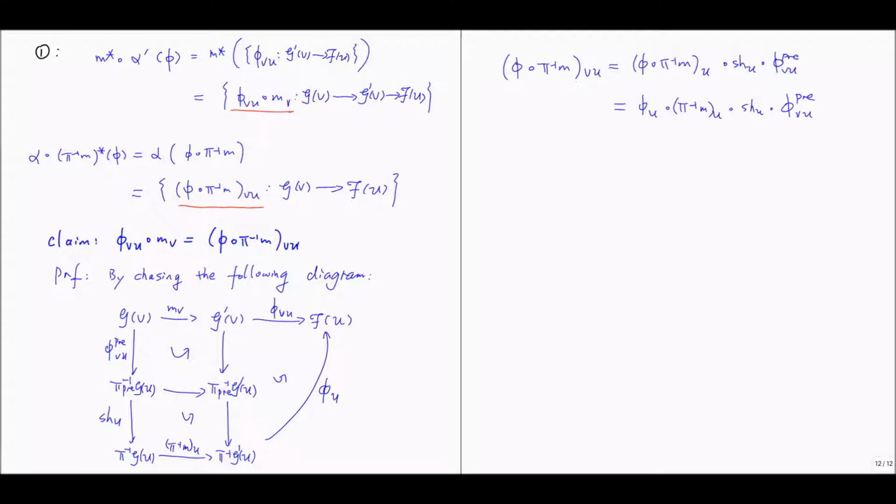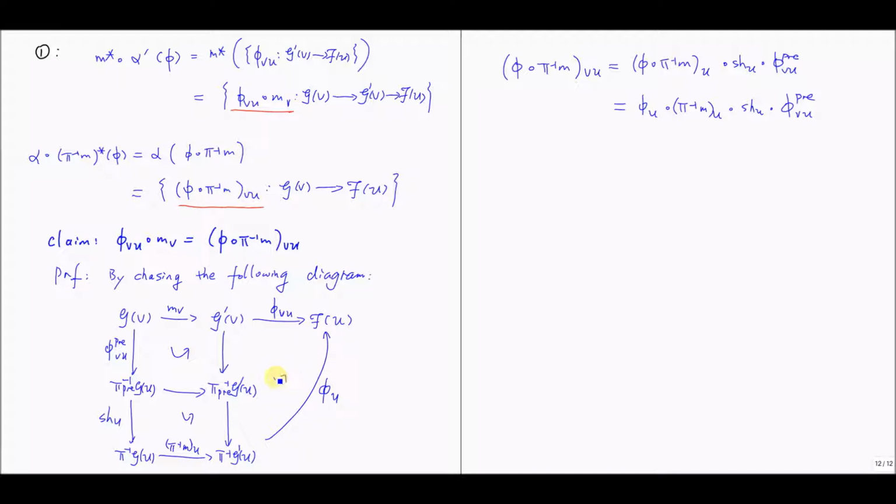And you may wonder why this region is commutative. It is commutative because, recall the definition of phi sub vu. So this phi sub vu is a composition of 3 maps, and precisely those 3 maps.